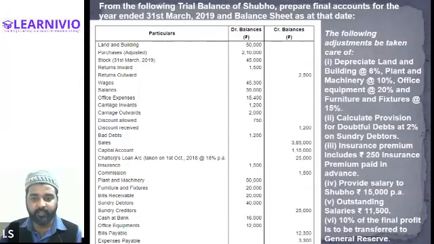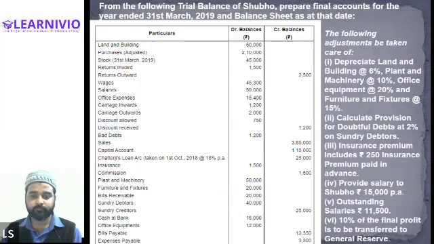Okay. So after that we have Chatterjee's loan, and the item in the trial balance says that this loan has been taken at the rate of 18% per annum on 1st of October 2018, and we are preparing the final account as on 31st March 2019.